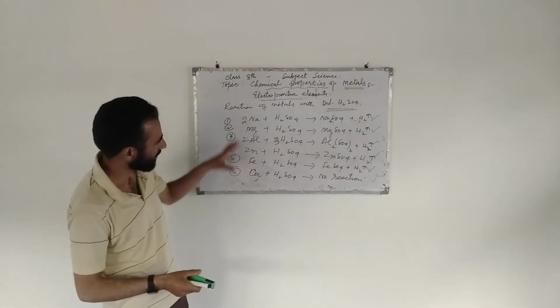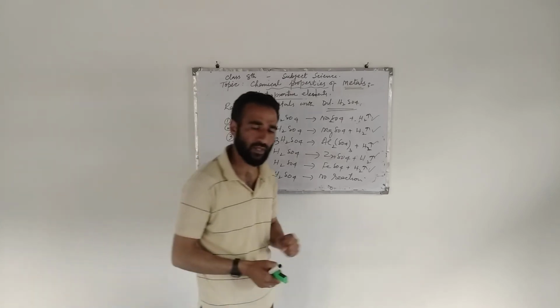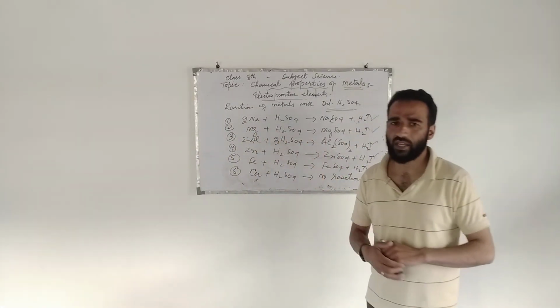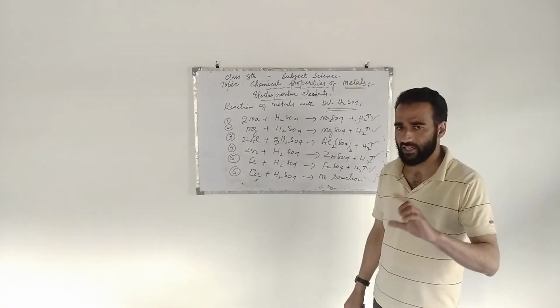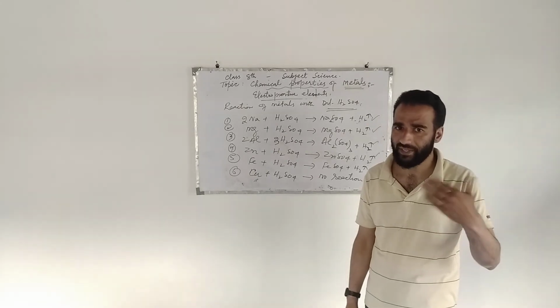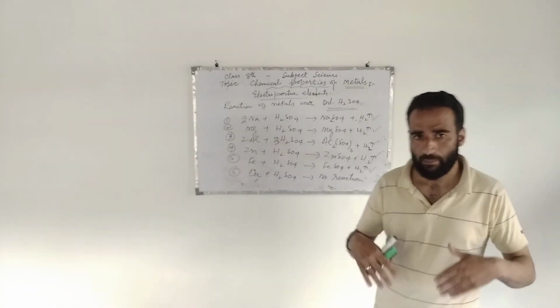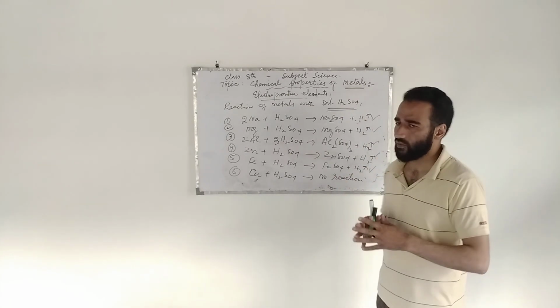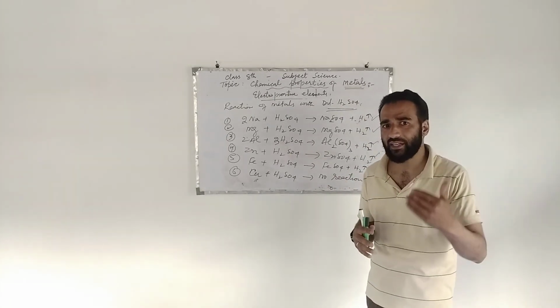So these are the three important properties of metals. I will shortly sum up my topic. First, we have seen that when metals combine with oxygen, they form metal oxides. These metal oxides are basic in nature. Next, we have seen the reaction of metals with water.